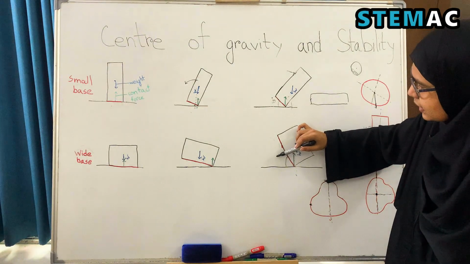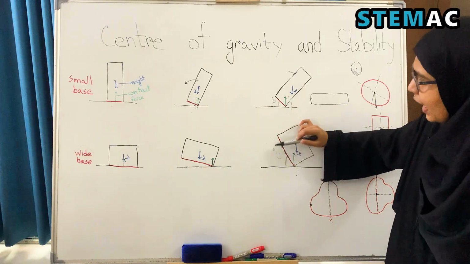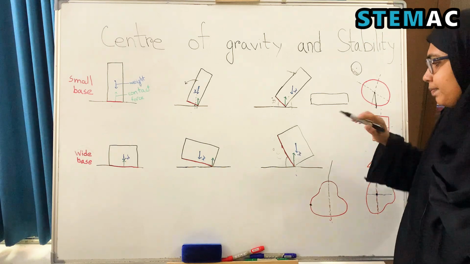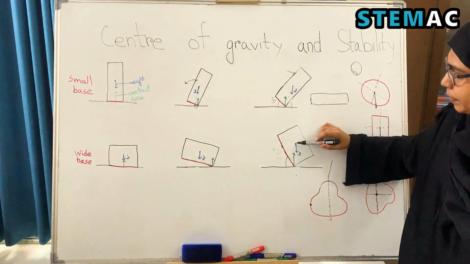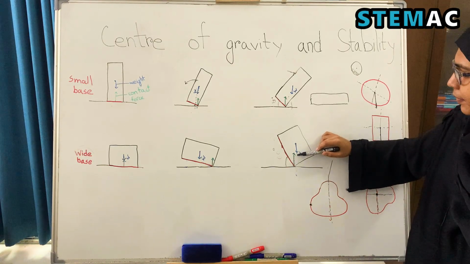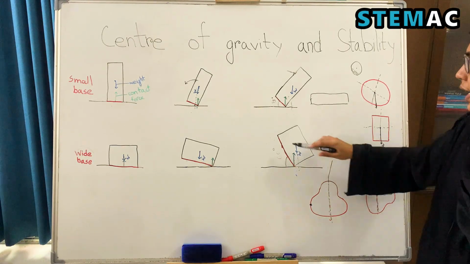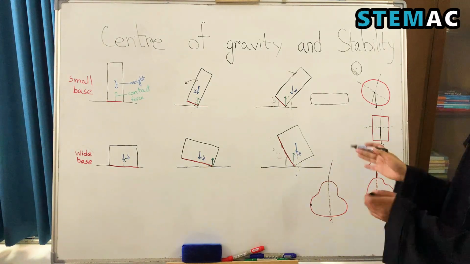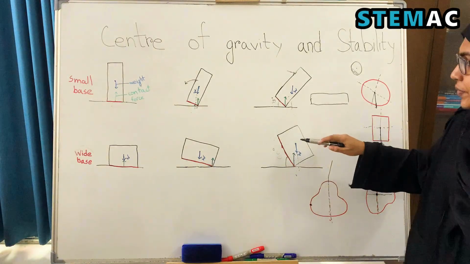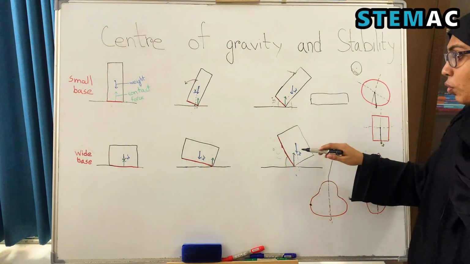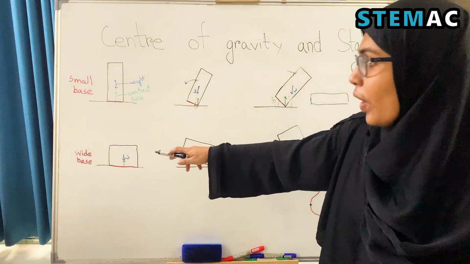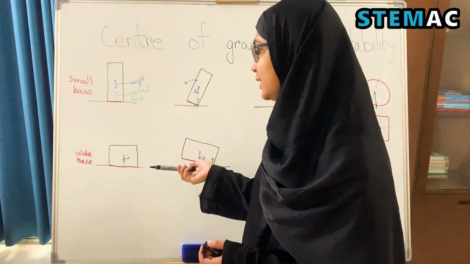So let's say it's tilted at 60 degrees. I've used the angles just for easy understanding. So here we can see that the weight force has already passed over the base and it will fall over. So compared with this object, it needs to be tilted more to fall over. So an object with a wider base has more stability.